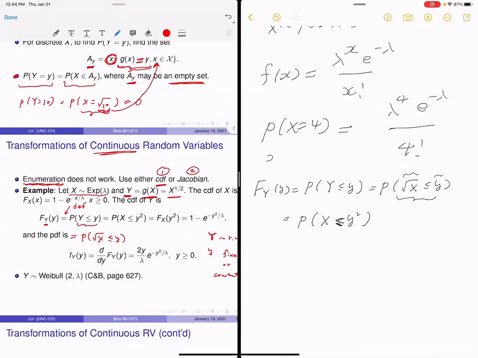Okay, so then you have your random variable X right here, smaller than something, right? So again, it's nothing but the CDF definition of our random variable X. That means in terms of CDF notation, I could write it this way, right?